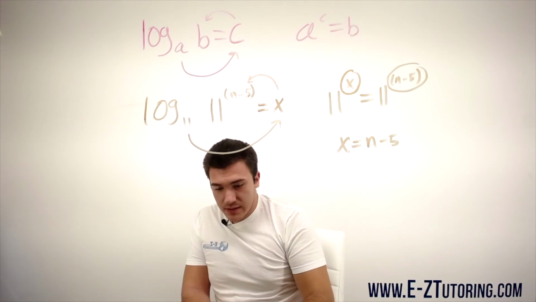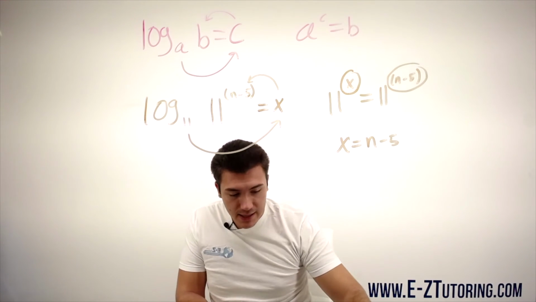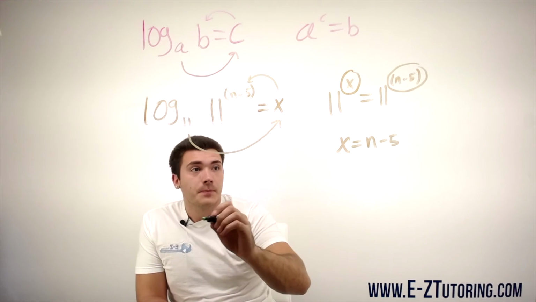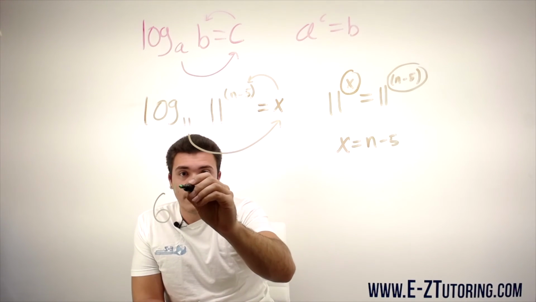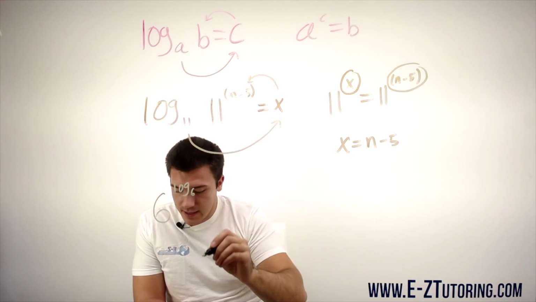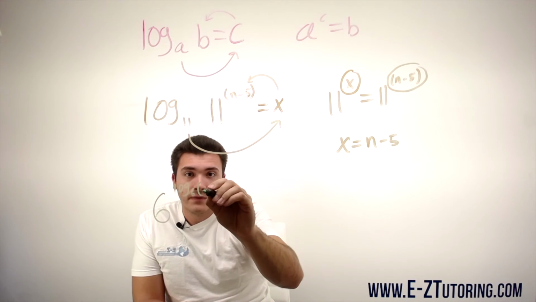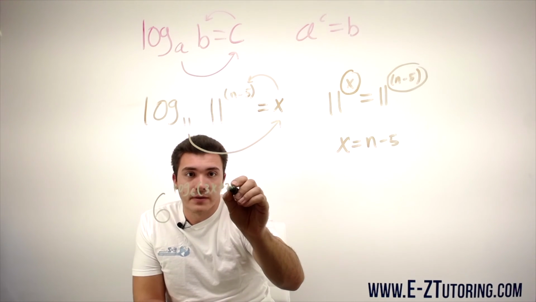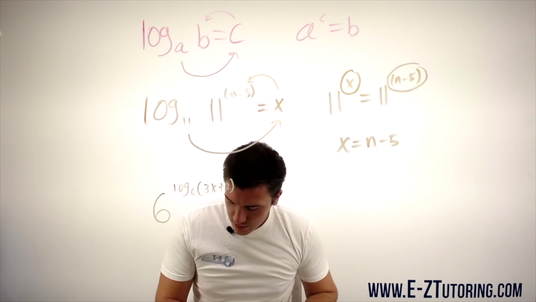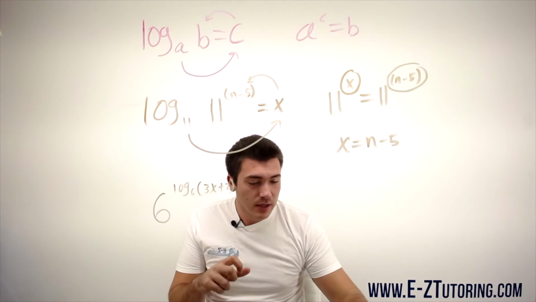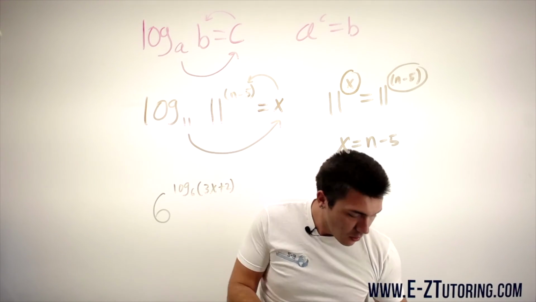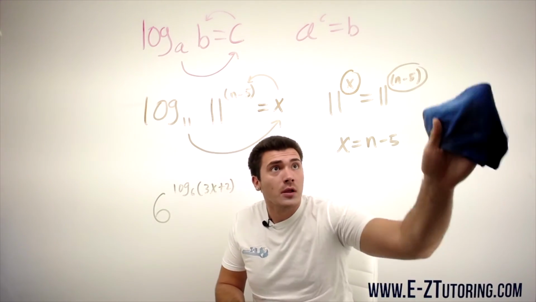Okay, so let's go ahead and do our last example here. Suppose we have 6 to the power of log base 6 of 3x plus 2. So before I jump into this problem, I would like to go over a simple logarithmic rule here.